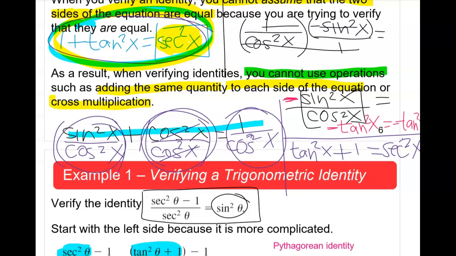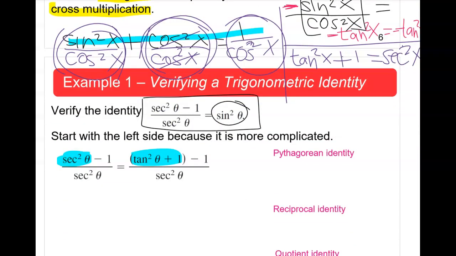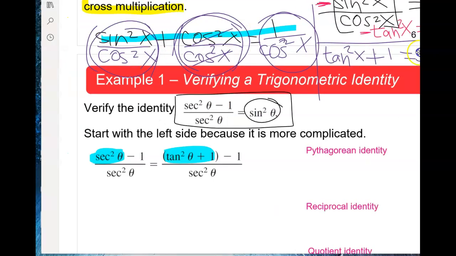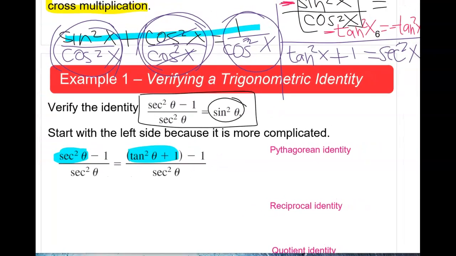Okay, so now that we know for sure that secant square of x, we're going to replace it with tangent square x plus 1.